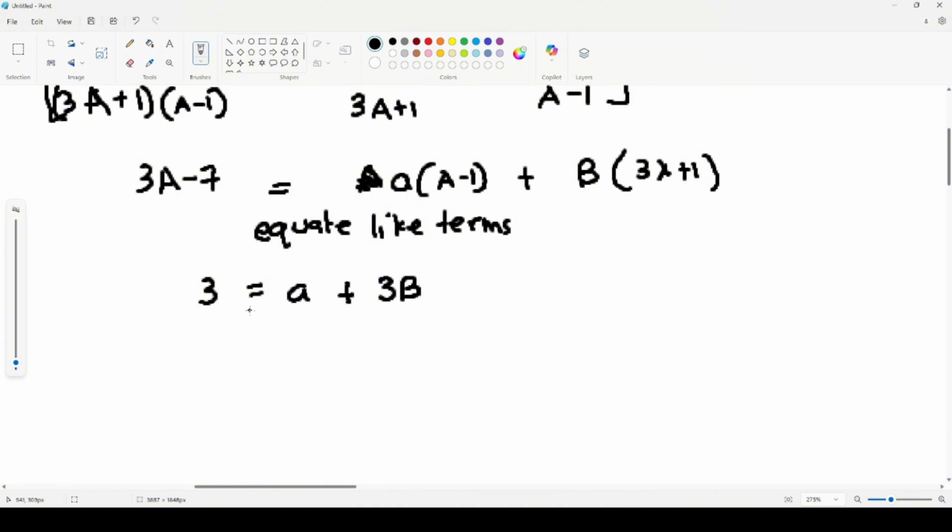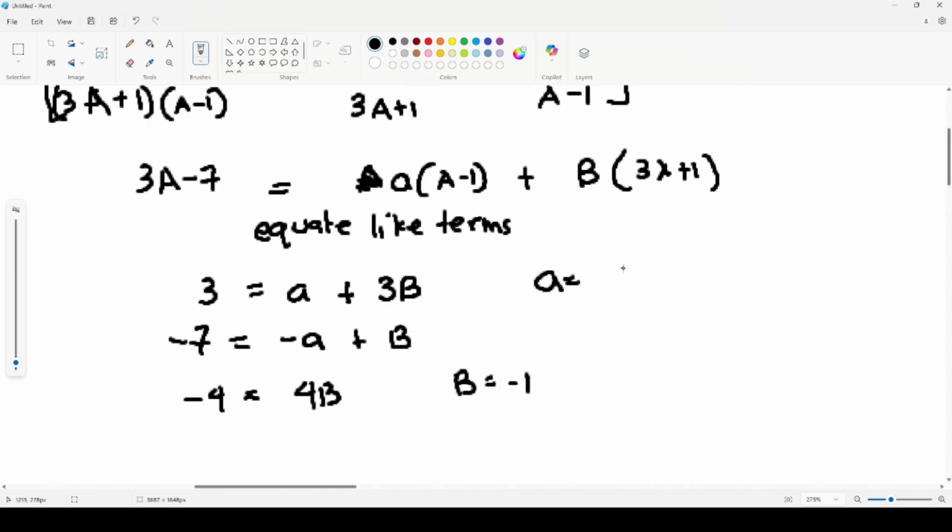Those are with the letter a. And everyone with the constants, negative 7 is equal to negative a plus b. Right? Now, if we add that, that will become negative 4 is equal to 4b. B is equal to negative 1.